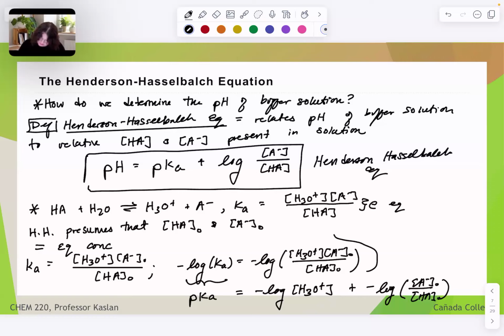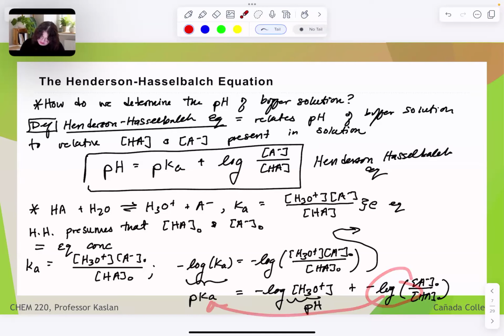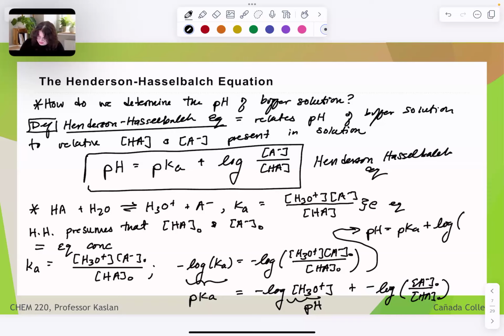And since we are trying to obtain something that gives us pH, which is what this value is here, I can add over this log term to both sides, and I get that pH is equal to pKa plus the log concentration A minus naught over HA naught.